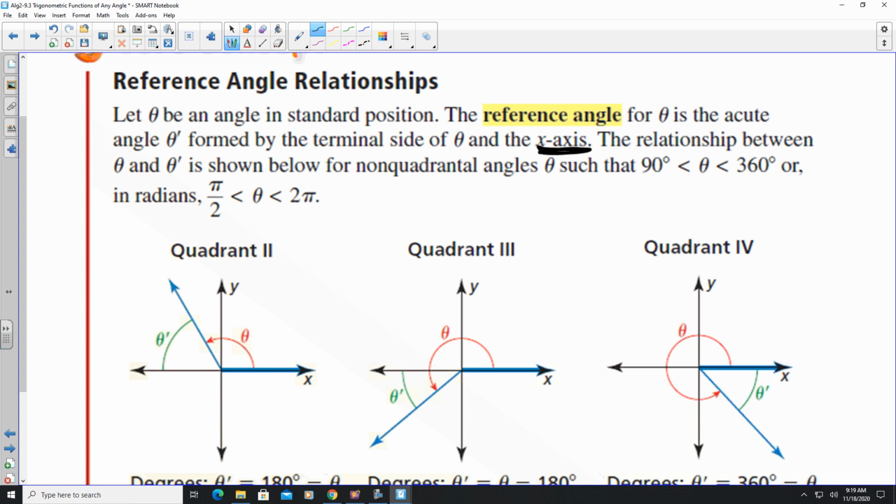They're always going to be acute and they're always going to be positive, okay? So depending on which quadrant you're in, your reference angle changes.